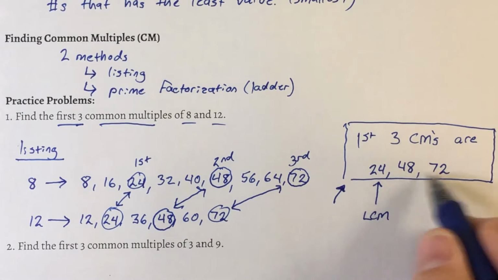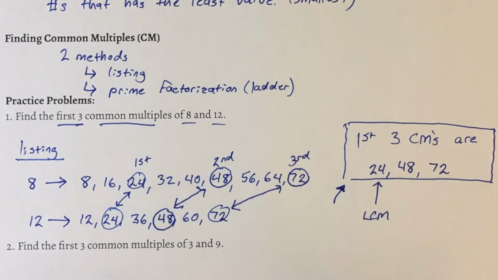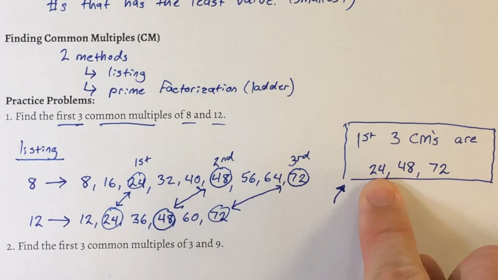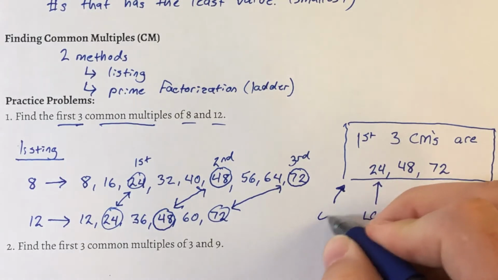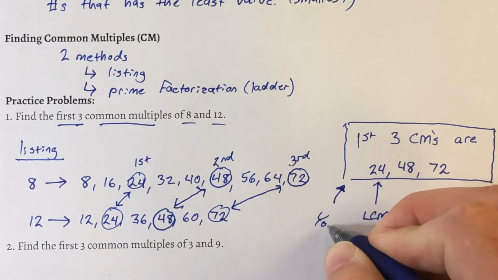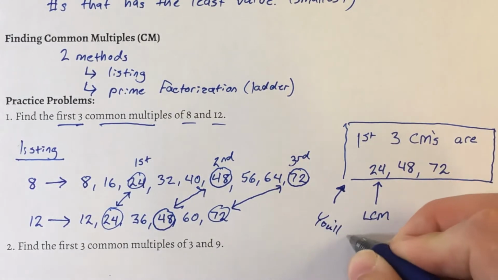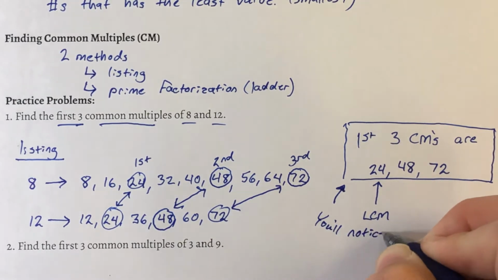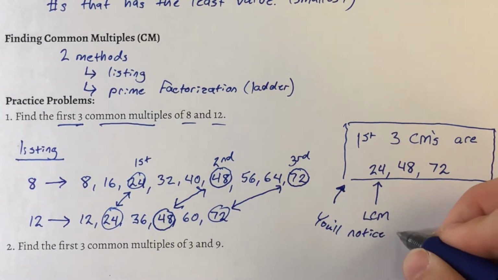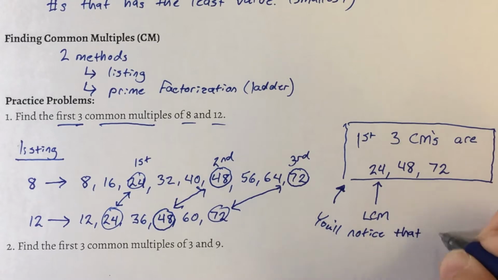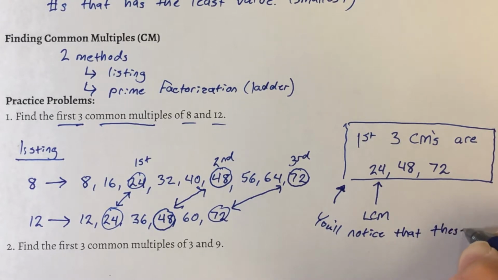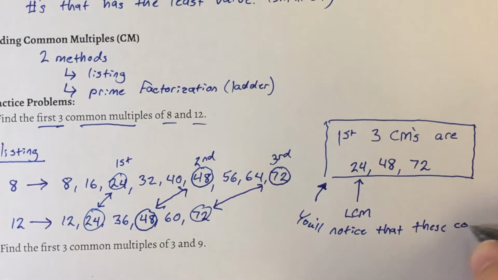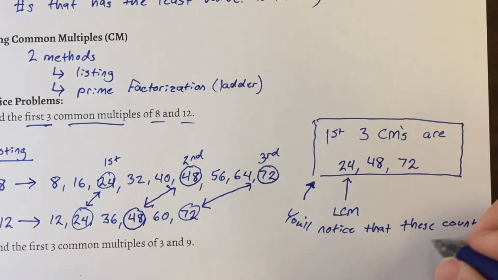So in other words, I want you to notice that these three numbers all count by 24s. That's going to help us come up with our shortcut in a bit.